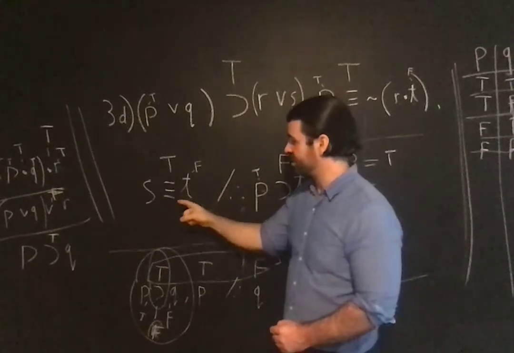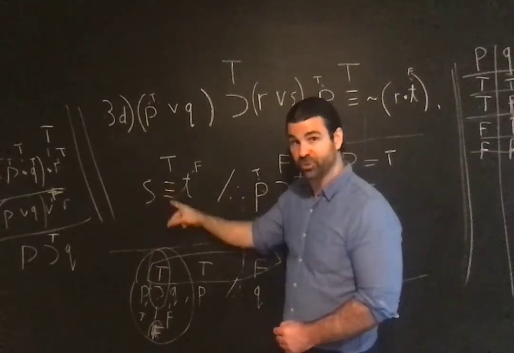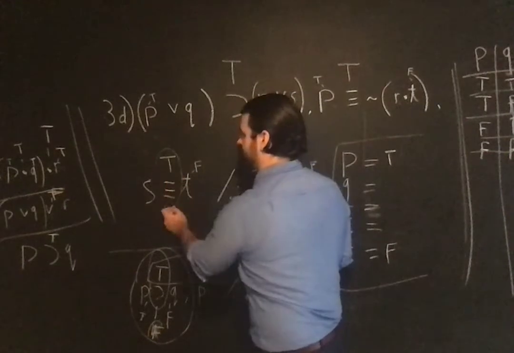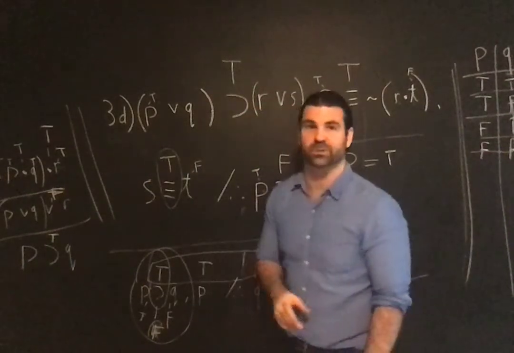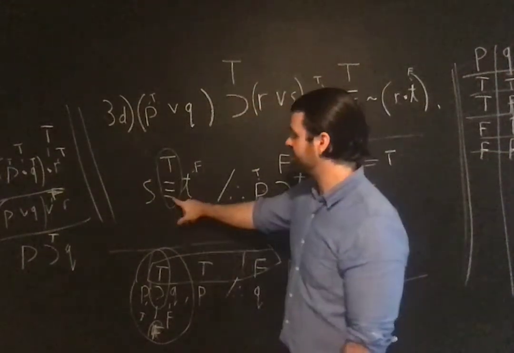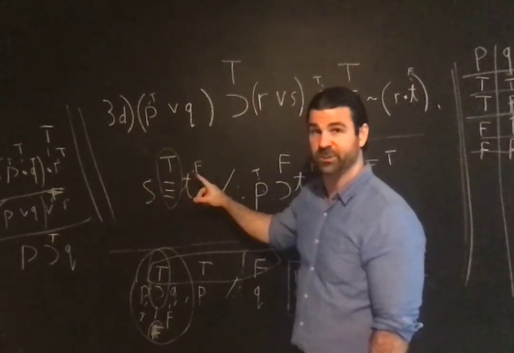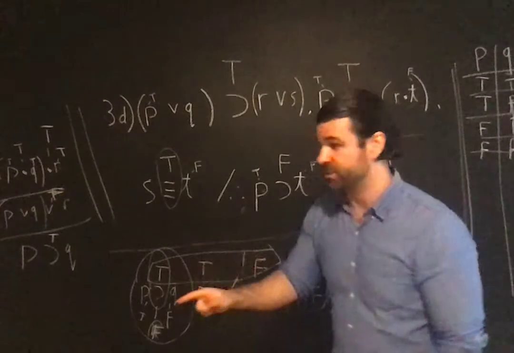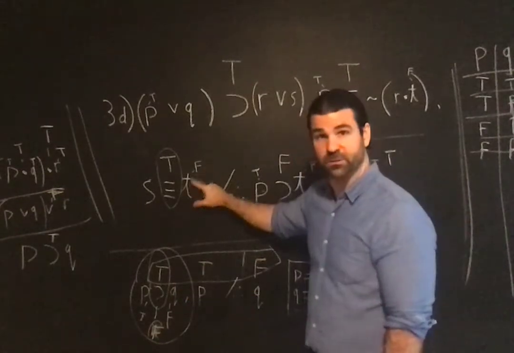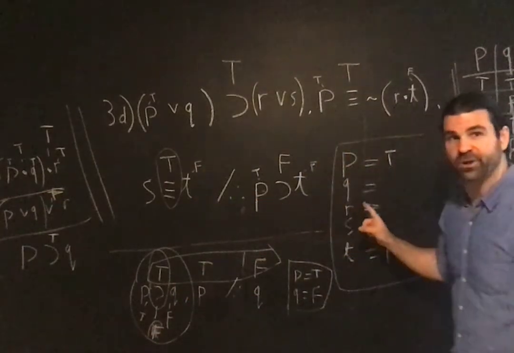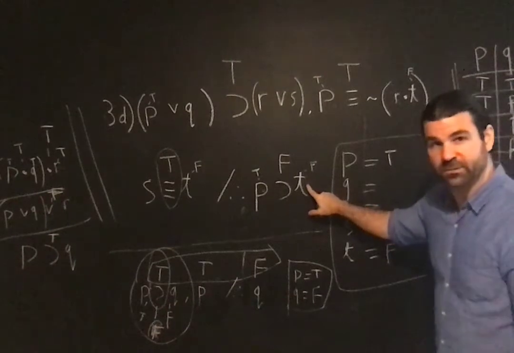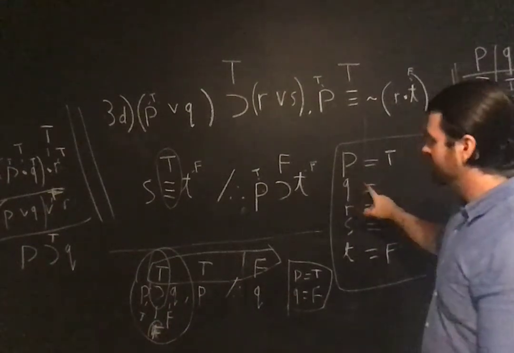The first condition is that the biconditional of S and T has to be true, because I'm looking for a counterexample, where all premises have to be true. The second condition is that T has to be false. It's the only way to make the conclusion false. That was where I started.